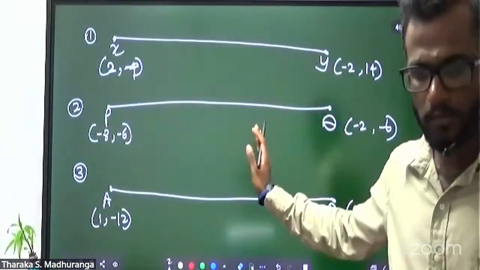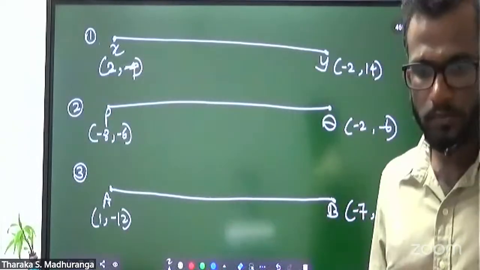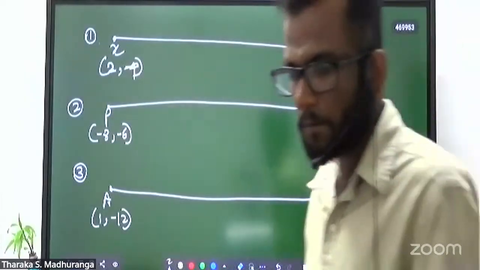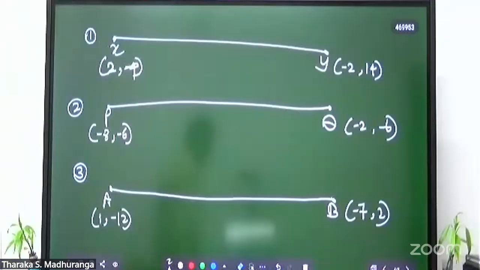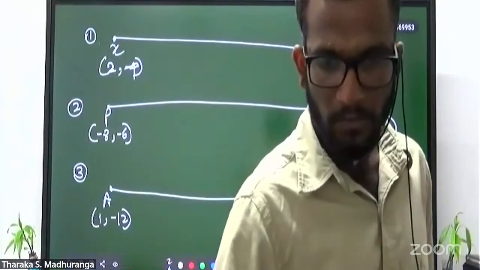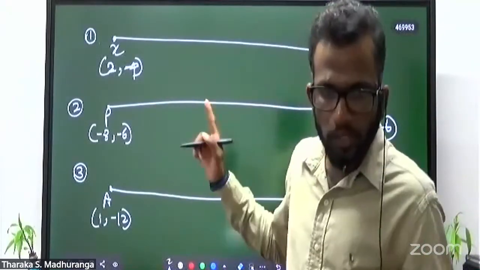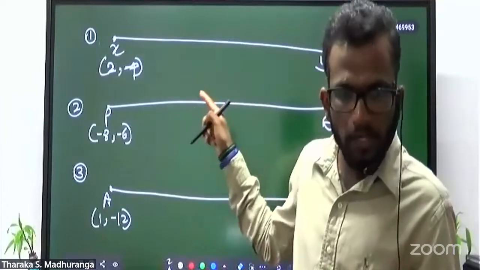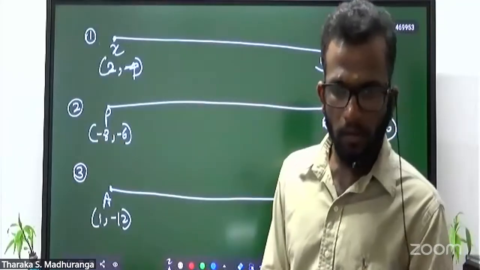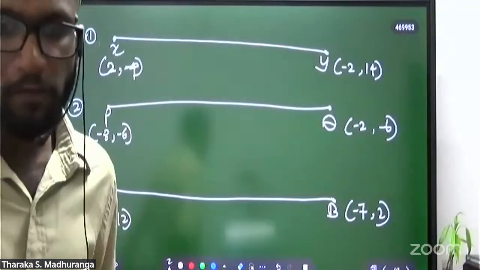Others, okay, it is plus 1 minus 12, minus 7, 2. Then in the first question you need to find the XY length, the second one the PQ length, the third one the AB length. If you note it down, I will send the homework questions as a photograph into the group.